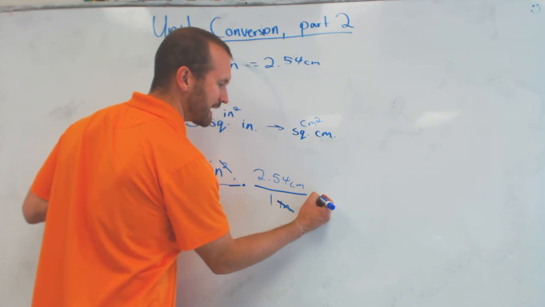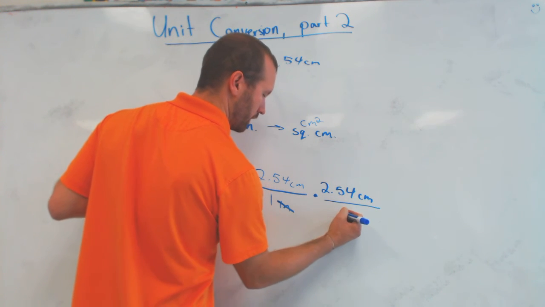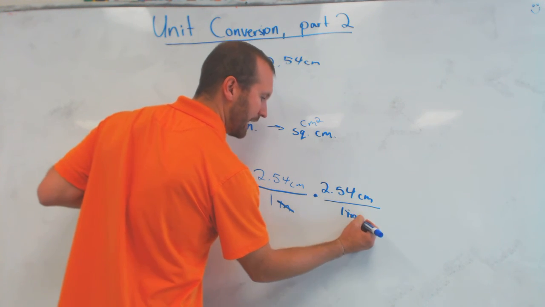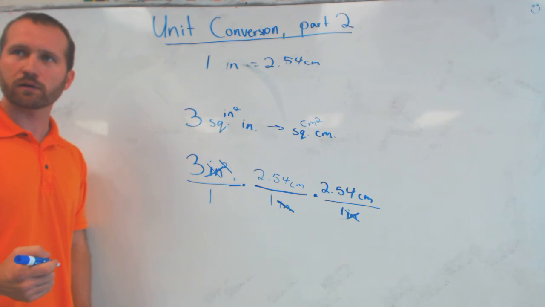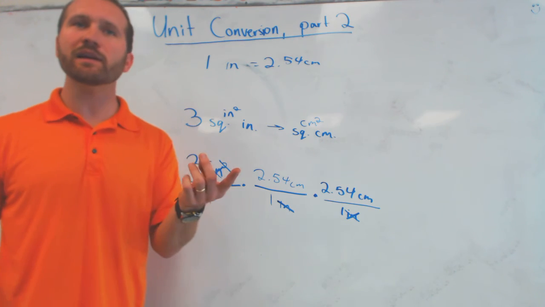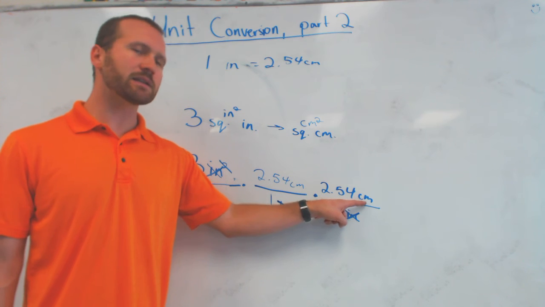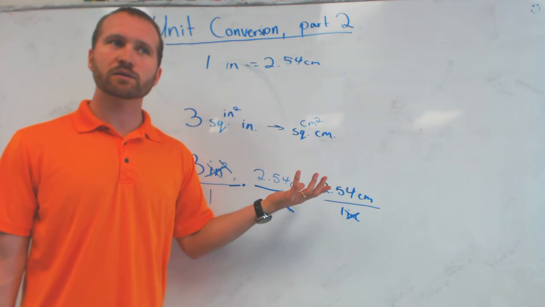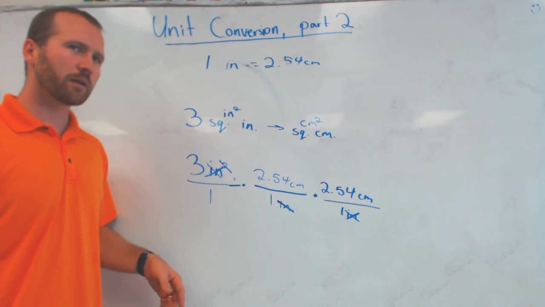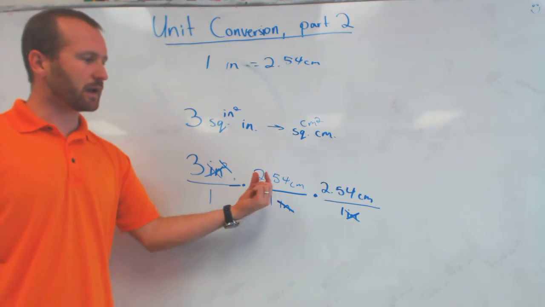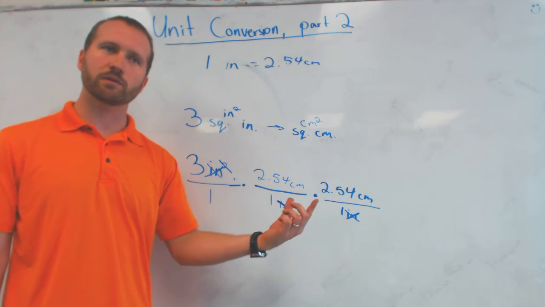So I have to do the same thing again over 1 inch. And now that inch will cancel with the second inches here. But then also think about what I just did. My unit is now centimeters times centimeters, which is square centimeters or centimeters squared. So if I have square units, I have to use that conversion factor twice to convert to the next unit.